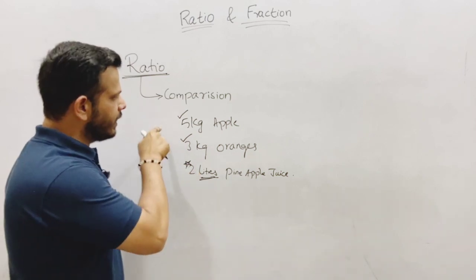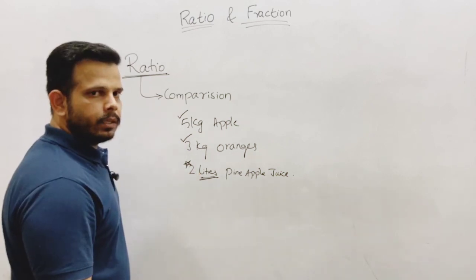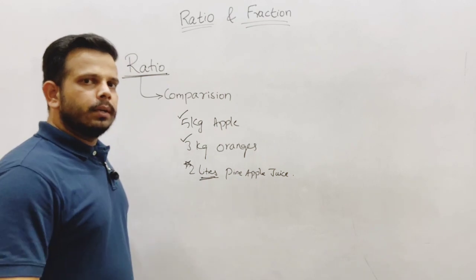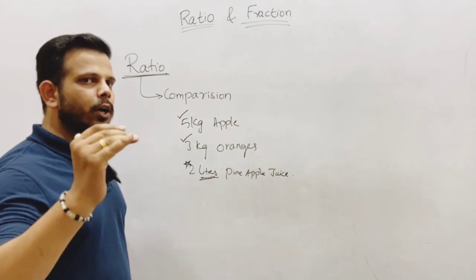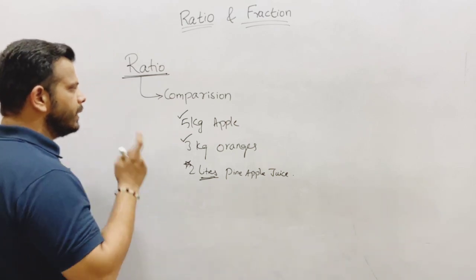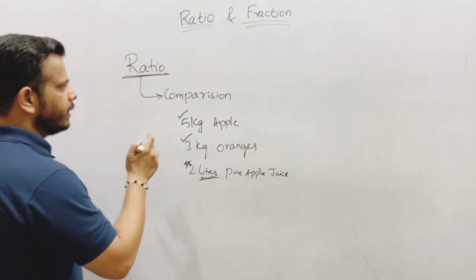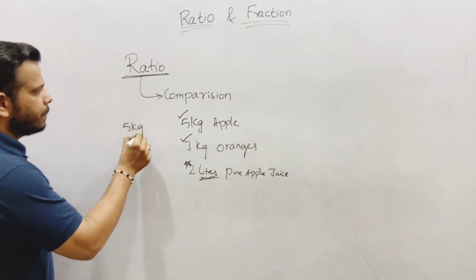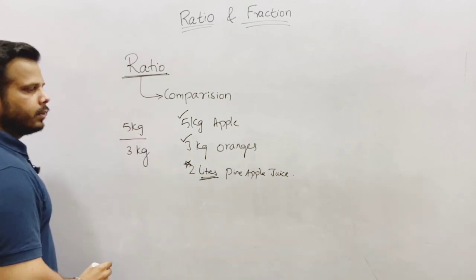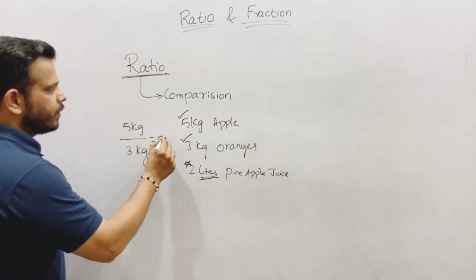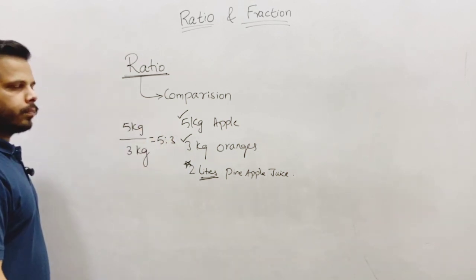I can compare 5 kg with 3 kg. If I asked you, dear student, what is the ratio of the apples and oranges you brought? You will take 5 kg apples by 3 kg oranges. So sir, 5:3 is the ratio.